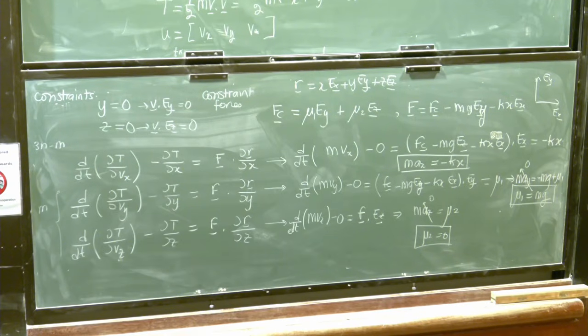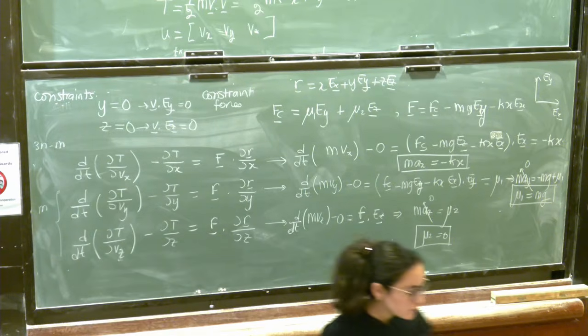Let us make an edit to Lagrange's equations by introducing the Lagrangian, which is the kinetic energy minus the potential energy. We can rewrite Lagrange's equations of motion in terms of the Lagrangian.